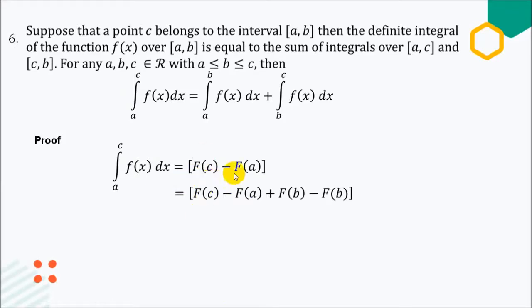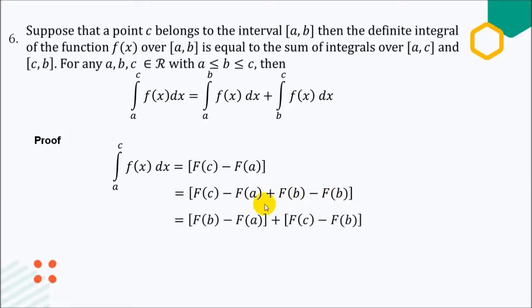We can add F(b) minus F(b), because F(b) minus F(b) is equal to 0, so it does not change the value, only the form. We have F(c) minus F(a) plus F(b) minus F(b), because this is equal to 0.